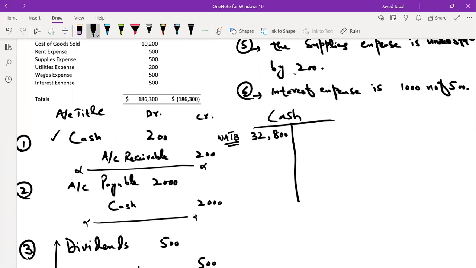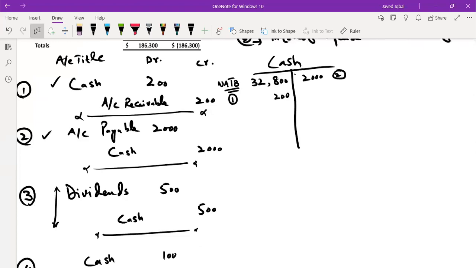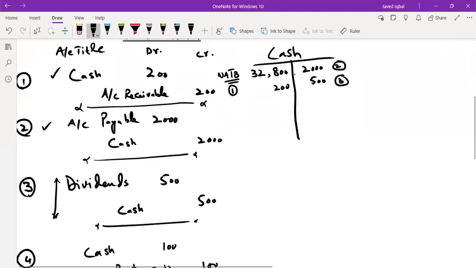Then this 200 is coming from adjustment number 1, right? And from adjustment number 2, you have cash of 2000 credited, so 2000 on the credit side. We also have 500 going out in transaction number 3.